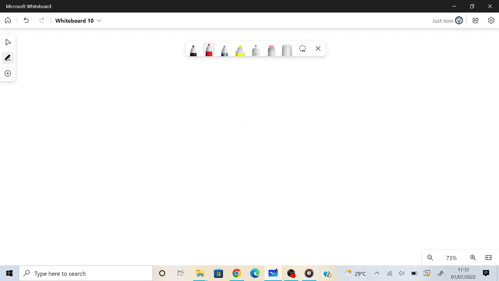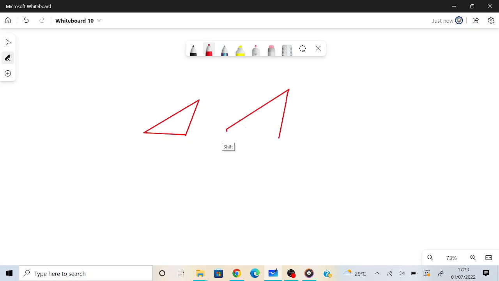Before I go into some examples, let's see what I mean by similar triangles. What I mean by similar triangles is simply that, suppose I have a triangle here. I now have a slightly bigger triangle in the same shape.